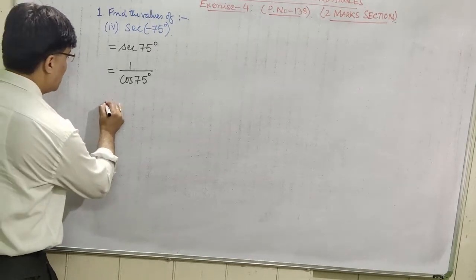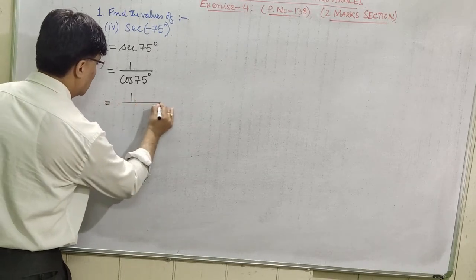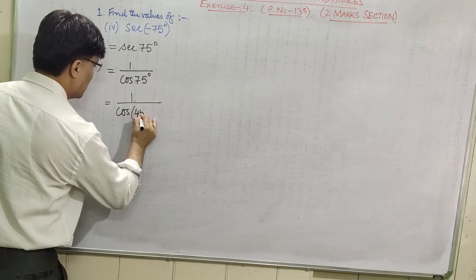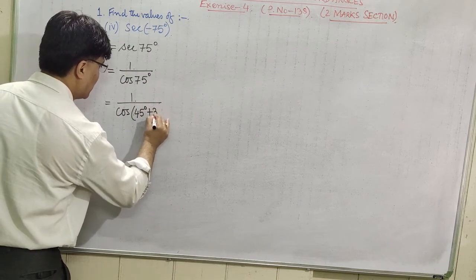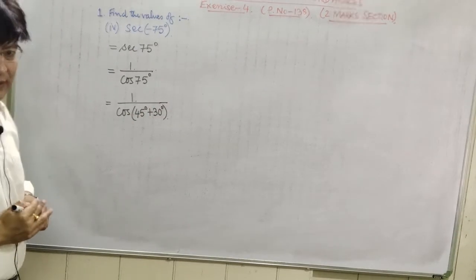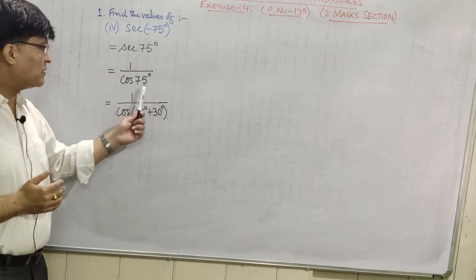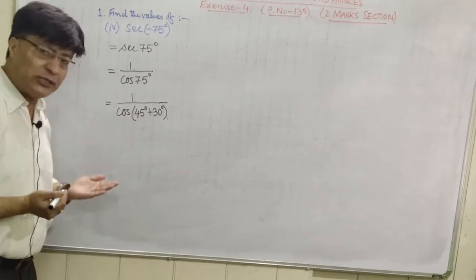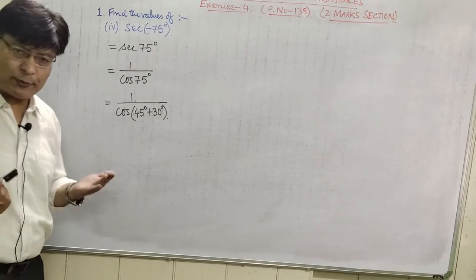Okay, so which is equal to 1 upon cos, how will you write down this 75 degree? You can write it as 45 degree plus 30 degree. So I think you have understood it. That is, 75 degree can be written as 45 plus 30 degree. Now which formula is used?